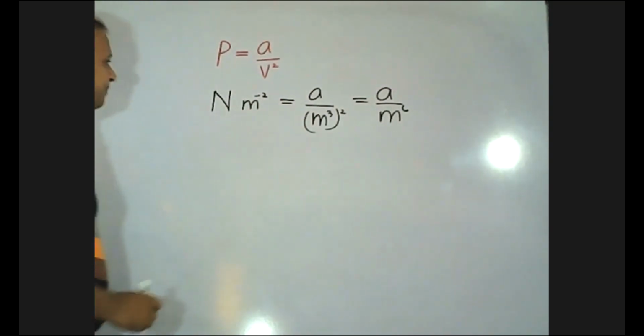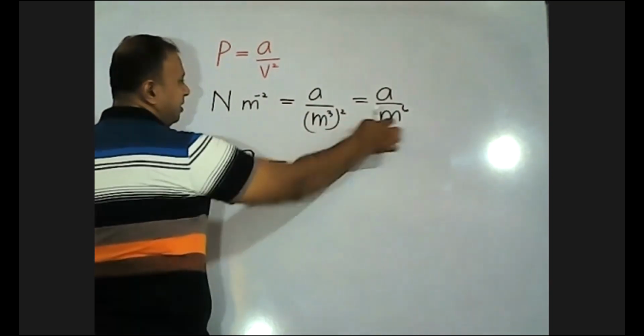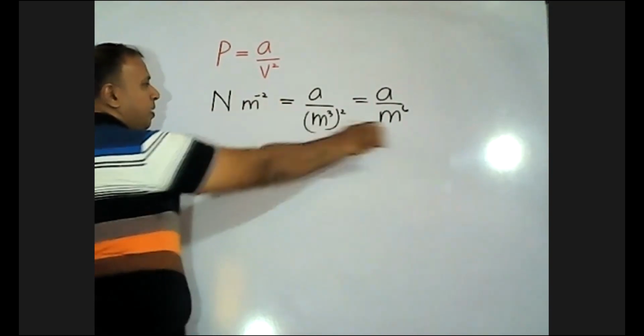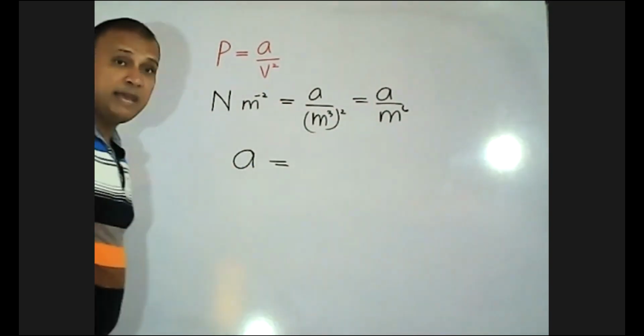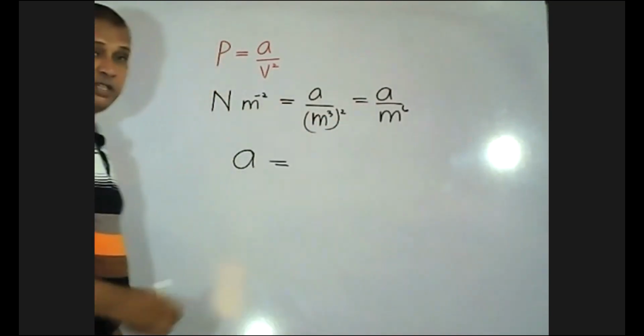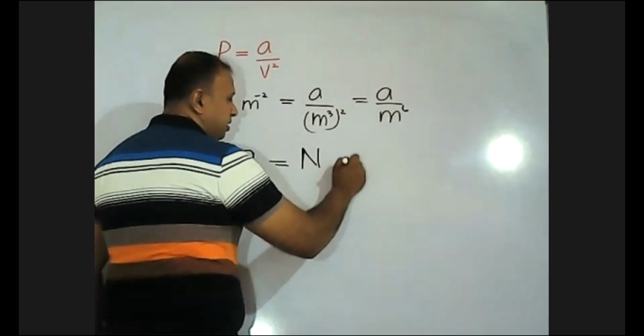Now subject A. If I subject A, you have to multiply M minus 2 by M6. Minus 2 plus 6 means 4. So Newton meter to the power 4.